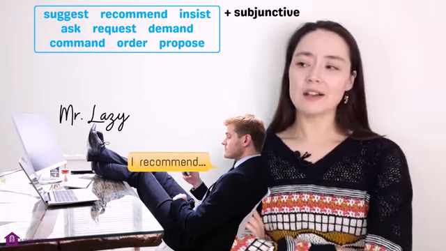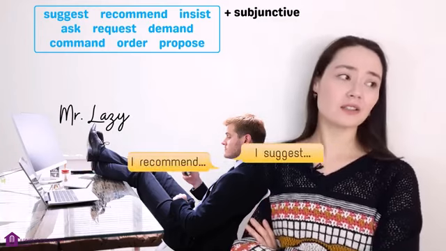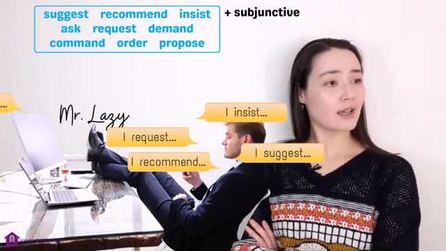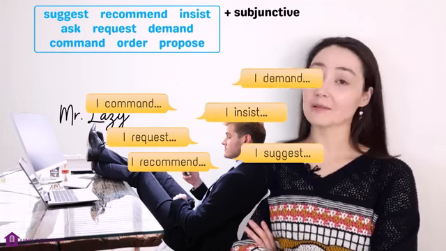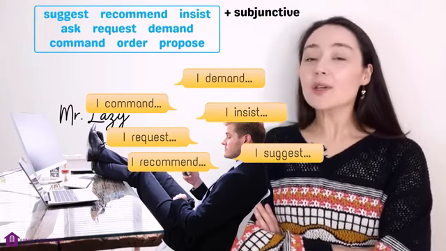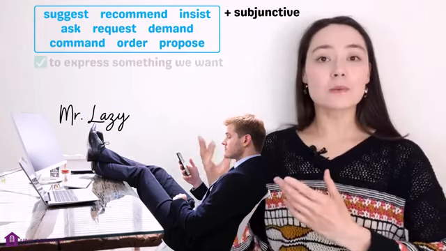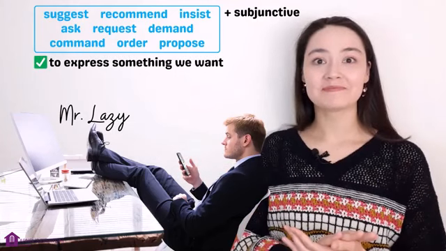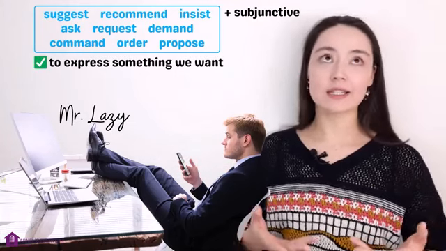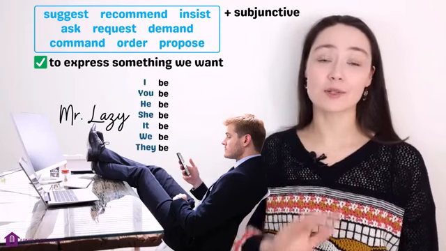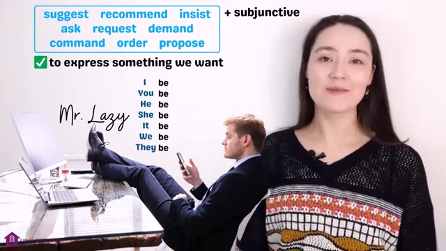I recommend, I suggest, I request, I insist, I command, I demand. So you can see these verbs express something we want. And Mr. Lazy is so lazy that he only has one verb form for all subjects. Remember part 1.